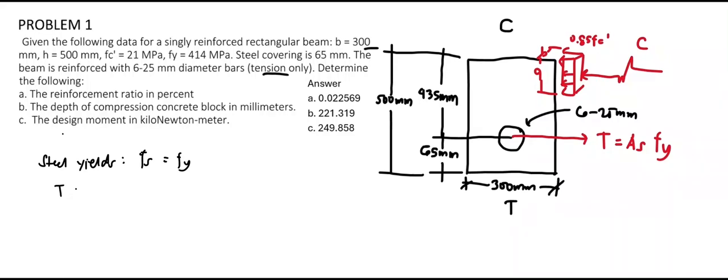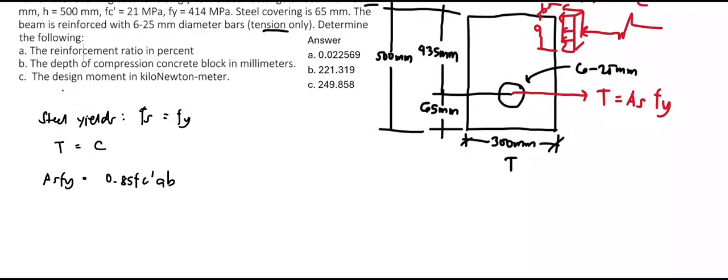Equating T and C, we get As fy equal to the compressive force, that is 0.85 f'c times the depth of the compression block a times its width b.